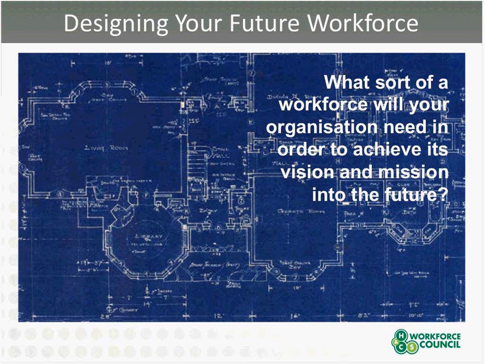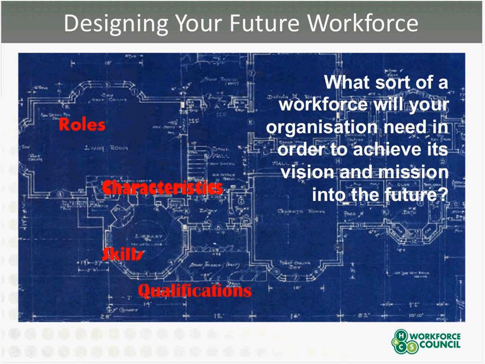So the elements that you want to look at in terms of designing your future workforce are things like roles, obviously, but you also want to look at what are the characteristics of the staff that you'll be looking for. What will be the characteristics of individuals and teams? What will be the skills that your staff will require or your workforce will require into the future? And what will be the qualifications?